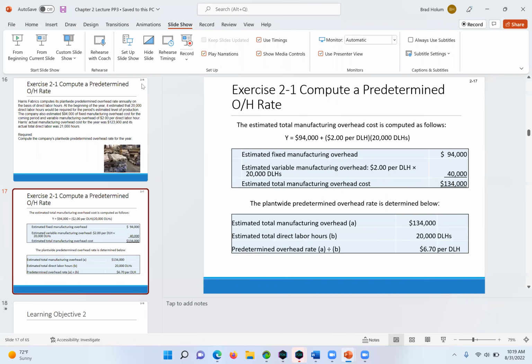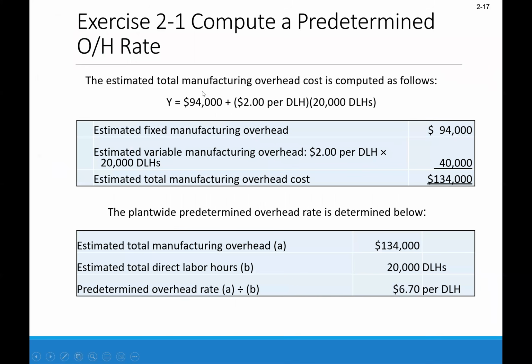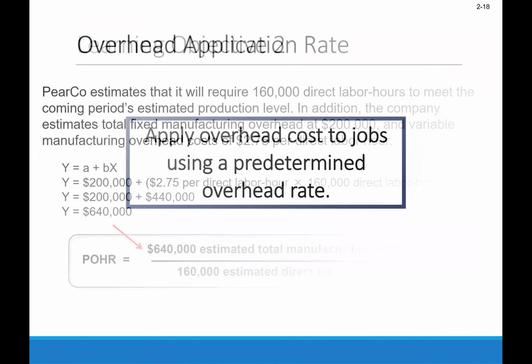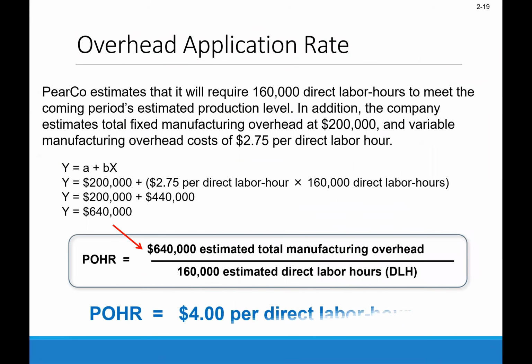Moving on here. We're now going to take this overhead predetermined rate and apply it to jobs. So if Pear Company estimates that it will require 160,000 direct labor hours to meet the coming period's estimated production level.